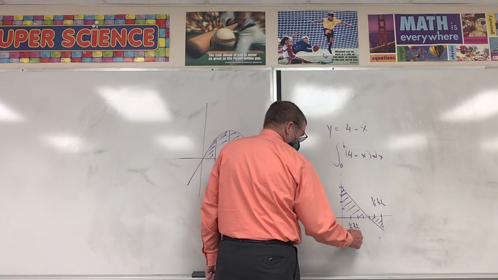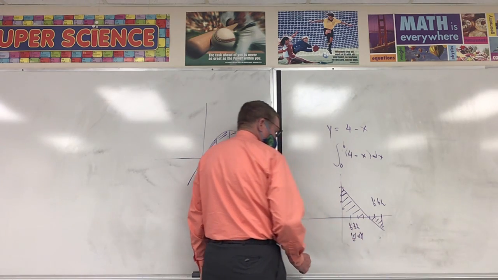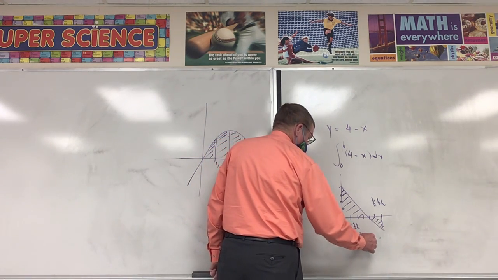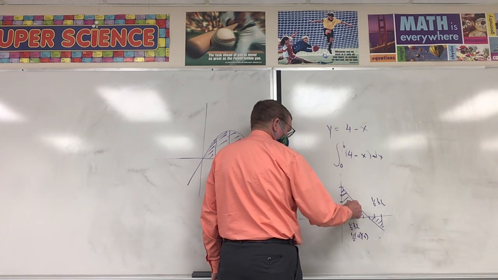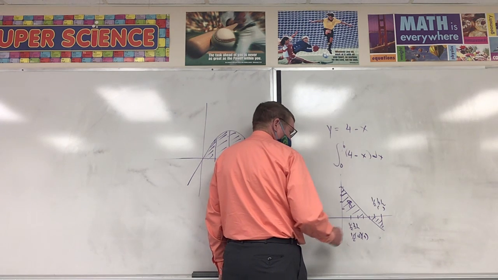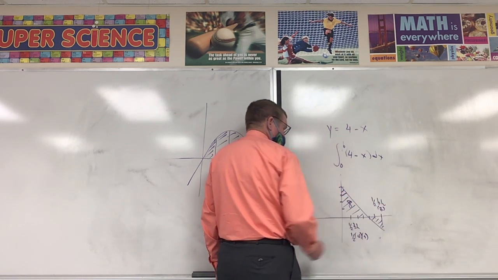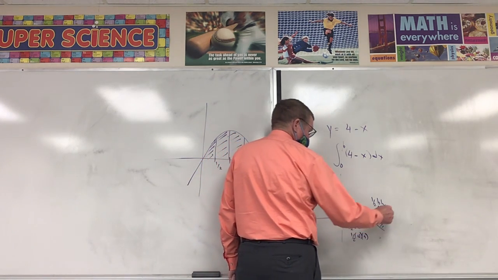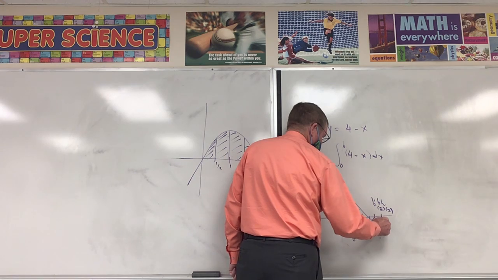For this triangle, the base is 4, the height is 4, and the area is 8. This triangle here, the base is 2, the height is 2, and the area is 2.